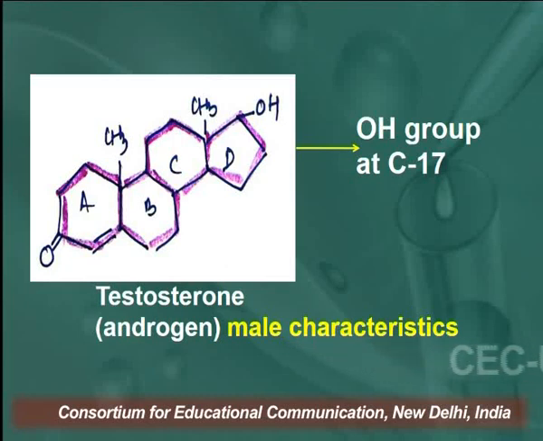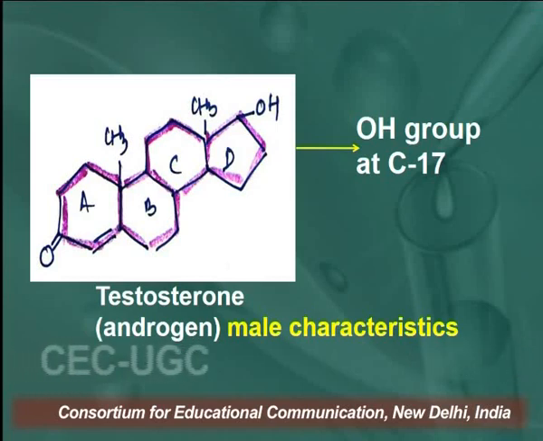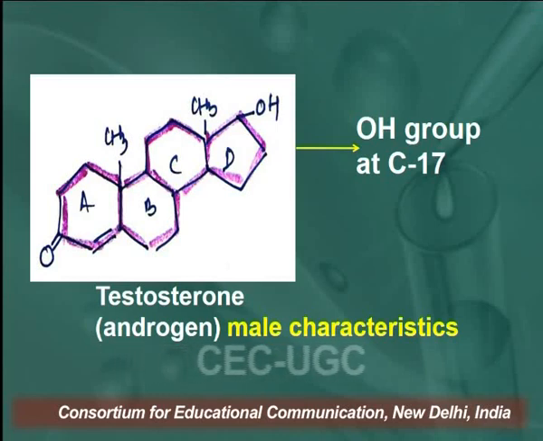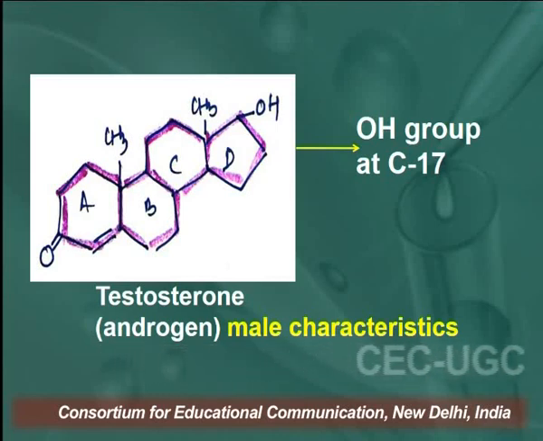Again, as I told you, it is a steroid and it contains 4 rings. Out of the 4 rings, the 3 rings A, B, C are cyclohexane rings and D is a cyclopentane ring, and the steroid nucleus is the same in all the steroids, in all the hormones.